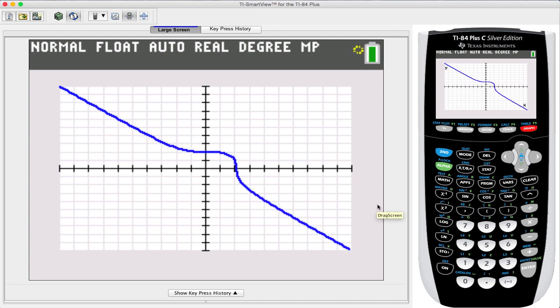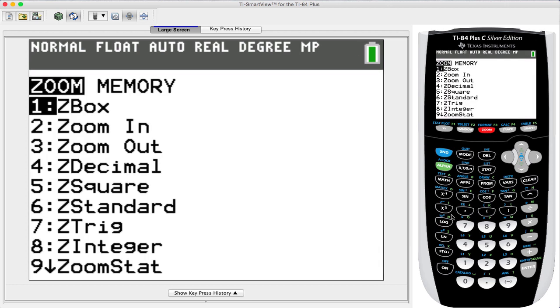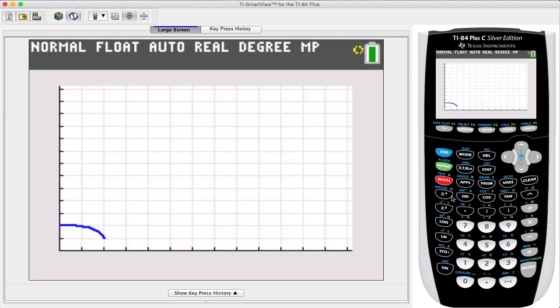It's drawn in place. I know the point (2, 1) is in the first quadrant, so let's zoom into that area. So we click zoom, and then press alpha, and then press the math button so we can get to A, which is how we get to the first quadrant.